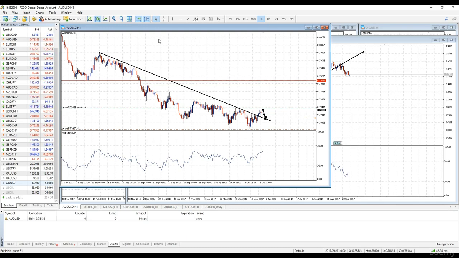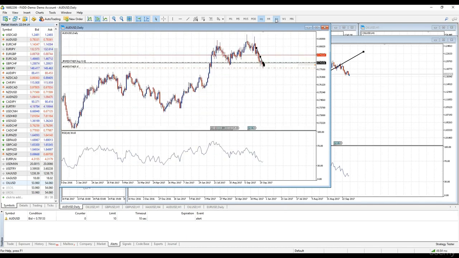Let's take a look at Aussie USD on a daily, just to give you an example of what I mean here. When Aussie came up and was rejected at around the 0.80 handle, right around this level here, there was a strong rejection, and we can see that strong rejection with these wicks in these candles.